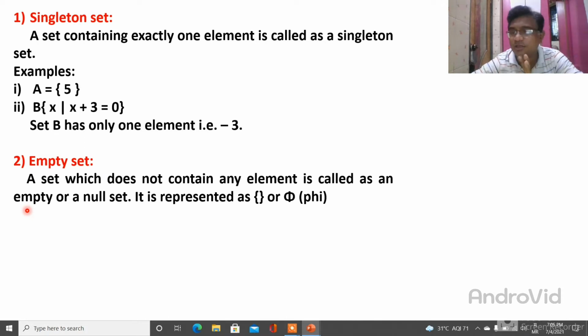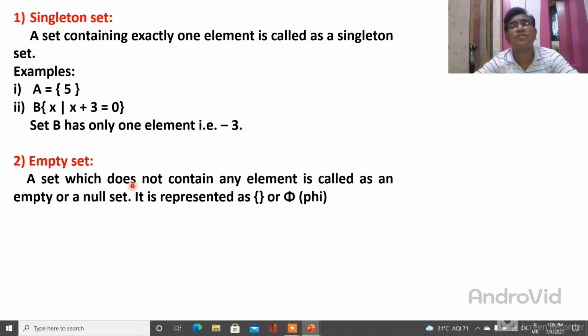Do you understand? Singleton set means what? Only one element. Empty set means what? No element, there is no element, so that is called an empty set. A set which does not contain any element is called an empty set, or another way, it is called the null set. Are you clear? Empty set means a set having no element. Null set and empty set have the same meaning.